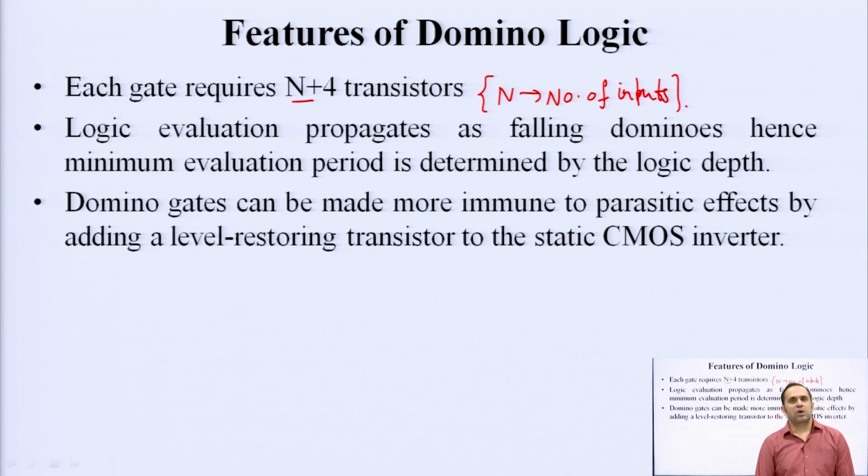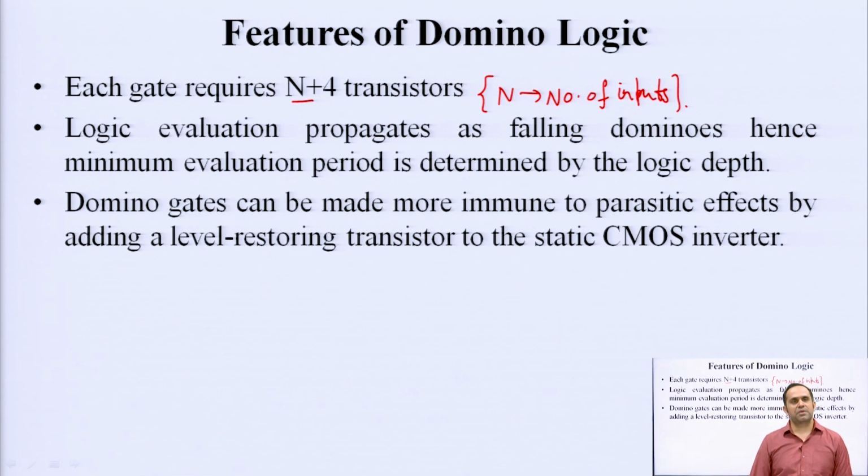Okay. Logic evaluation propagates itself as a falling domino effect. Okay. So, minimum evaluation period is determined by the depth of logic, by the number of logic inputs you have, the complexity of the pull down network for evaluation you have, that is what logic depth is. Okay.